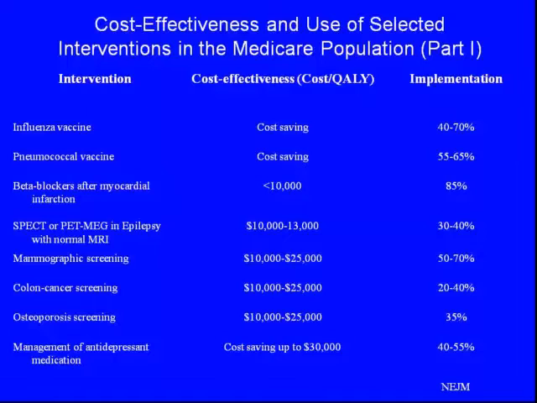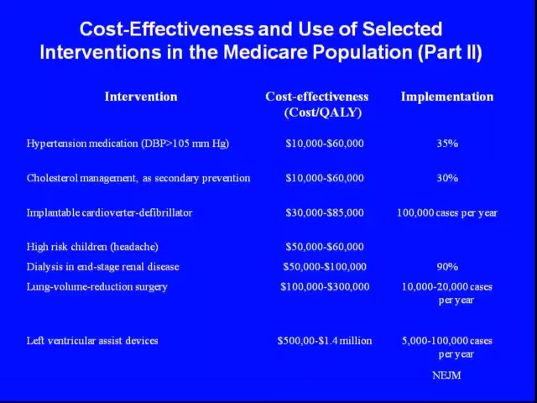And then when you start moving into some other intervention, beta blockers for myocardial infarction has very competitive cost effectiveness. SPECT and PET followed by MEG, very cost effective in seizure disorders with a normal MR, $10,000 for quality adjusted life years. Here you can see mammography, colorectal screening, also very cost effective.